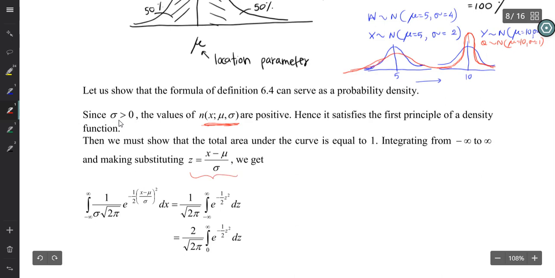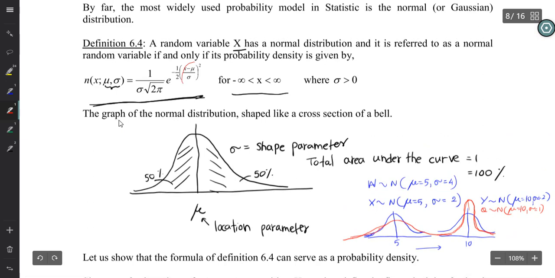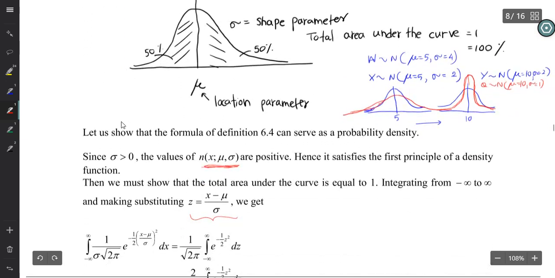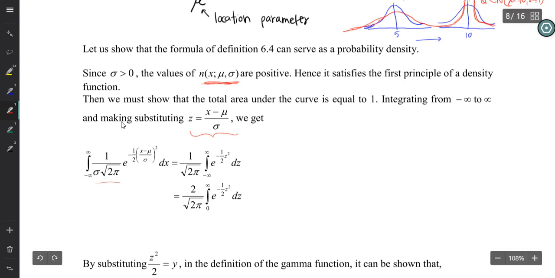We substitute (x minus mu) over sigma, the quantity you see in the exponent, by another variable z. After doing the change of variables, you can write the original PDF in the form of dz. That will be 1 over the square root of 2 times pi, and the integration becomes much simpler now.